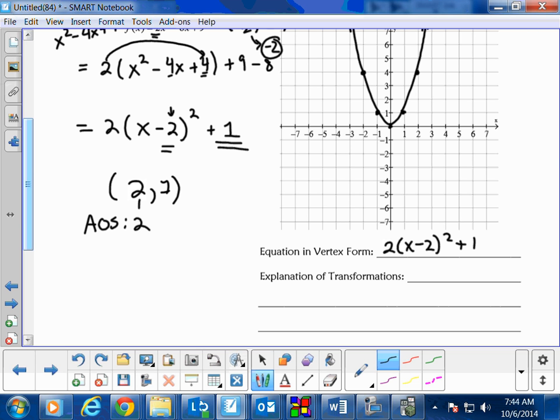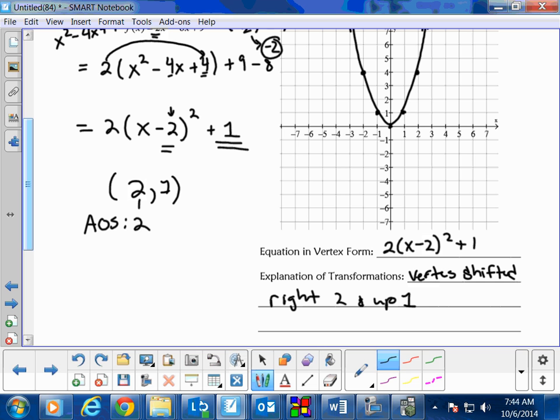Explanation and transformations. First of all, the vertex will be shifted to the right 2 and up 1. That's one thing we're going to first have. And then after that, we're also going to have the, well actually that'll be part of the transformations.